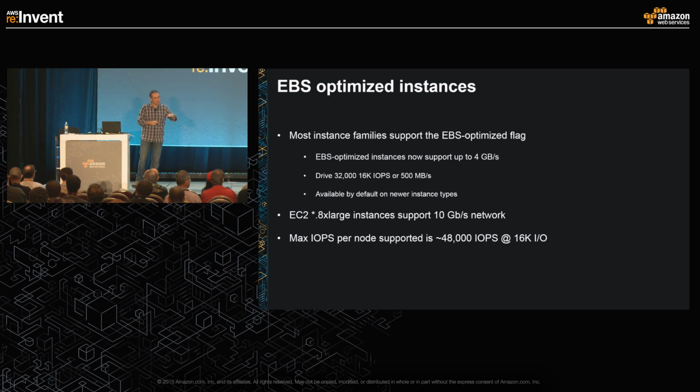For the ones that have just the shared 10 gigabit network, it's a lot of traffic and a lot of room, and so it has the same caveat of a non-EBS optimized instance, but there's a lot of buffer there. And this is where you're going to get the maximum I/O and maximum IOPS from your instance. Each 8 extra large instance can support approximately 48,000 IOPS, and that's if you're doing 16K I/O.